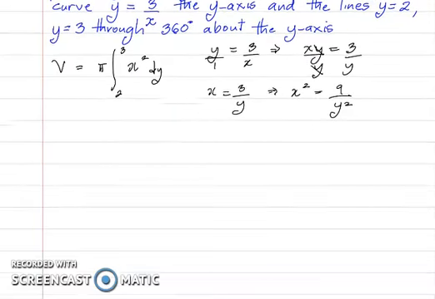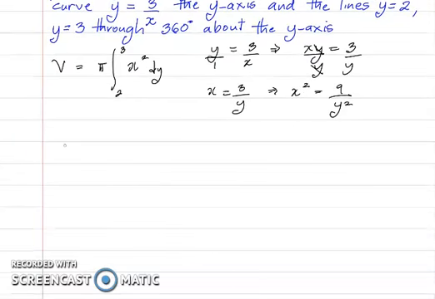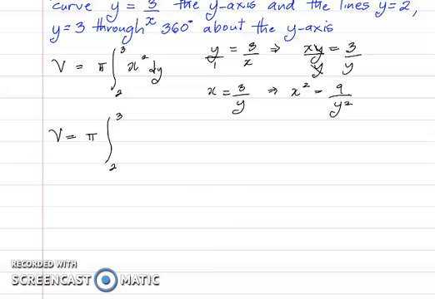And so the volume that I'm seeking, the volume of the solid of revolution, V, is equal to pi, the integral from y is equal to 2 to y is equal to 3 of x squared, which is 9y to the minus 2, and I'm integrating with respect to y.